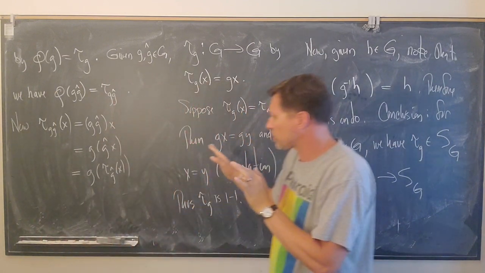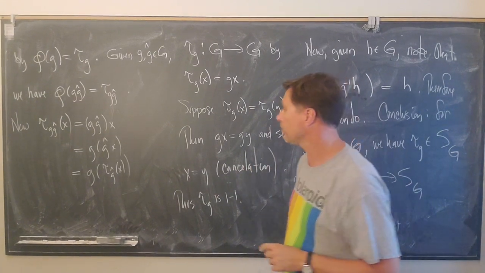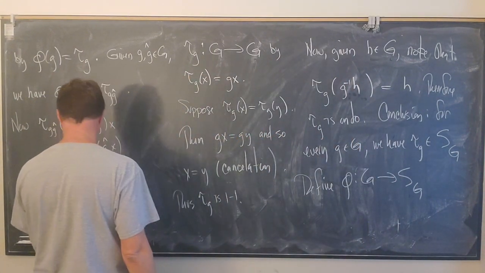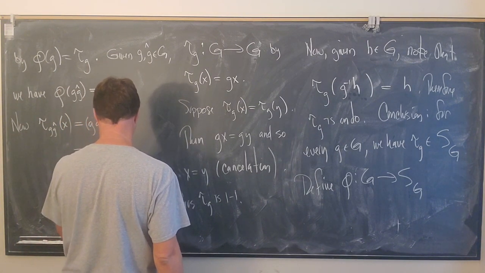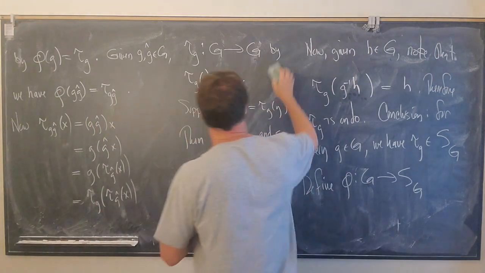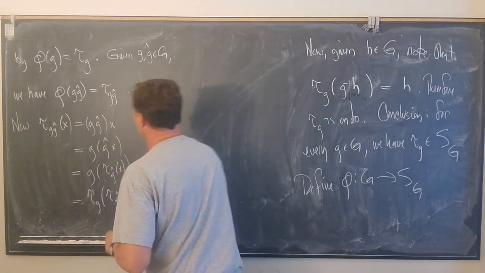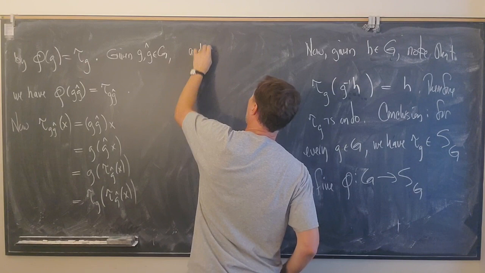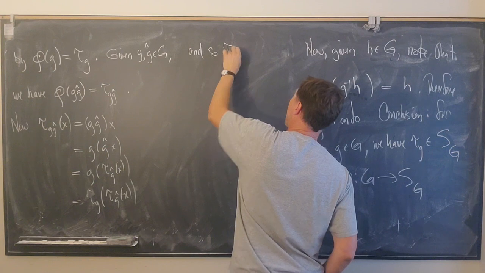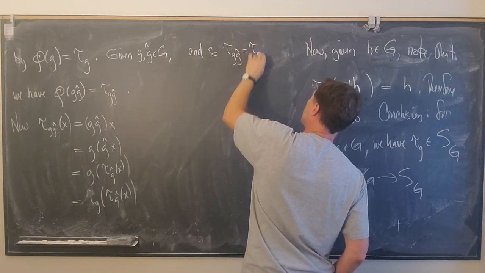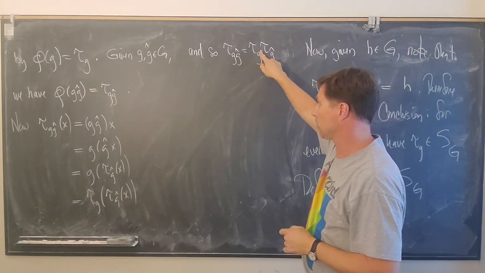So you've got to kind of keep your head straight, but just one by one I'm applying the definitions of tau sub g and tau sub g hat. And then this is equal to tau sub g of tau sub g hat of x. And so tau sub g g hat is equal to tau sub g times tau sub g hat, where times here means composition of functions.